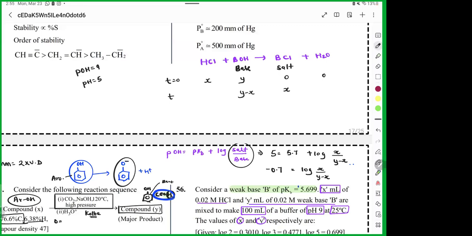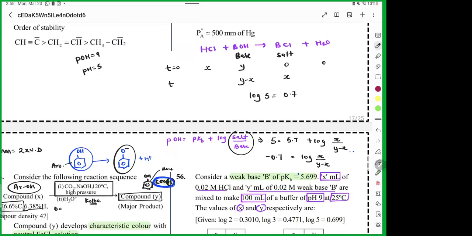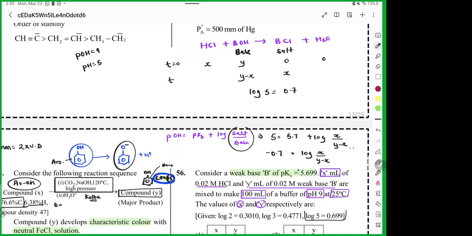You know the log 5 value is equal to about 0.7, correct? It is given in the question. Log 5 value is equal to 0.7 approximately. So tell me, what will be the log 1 by 5 value?